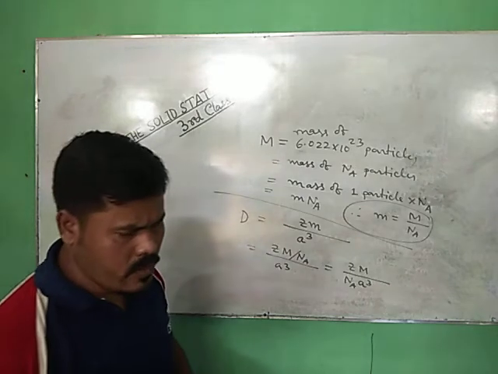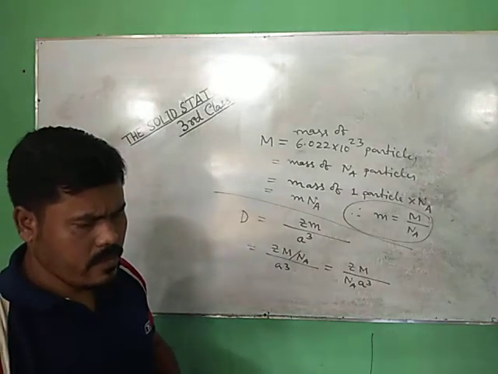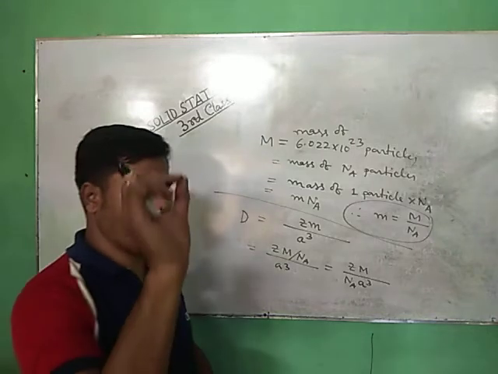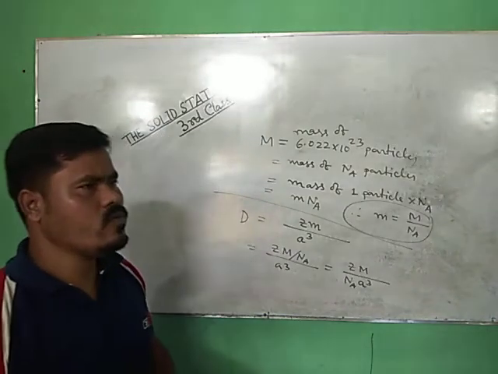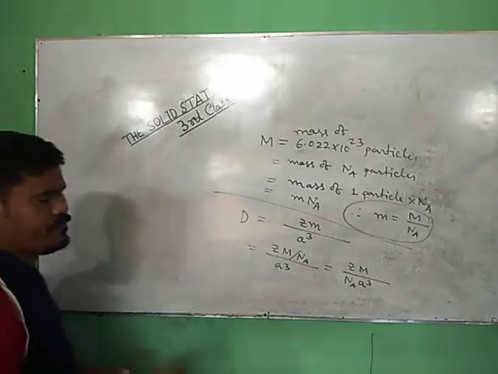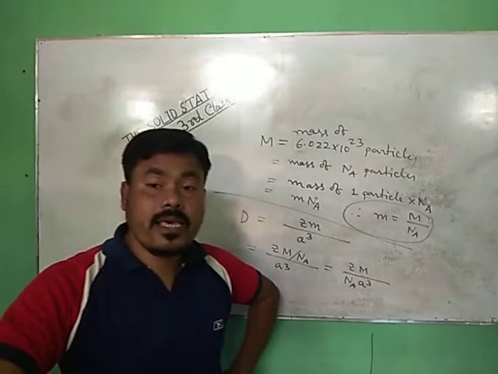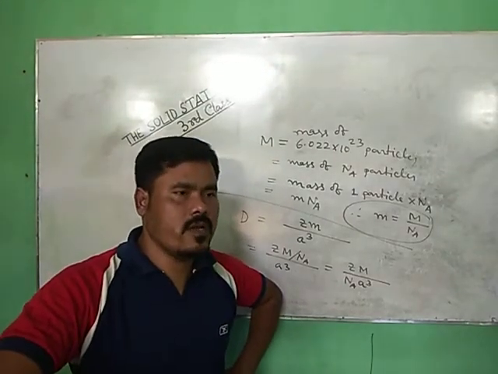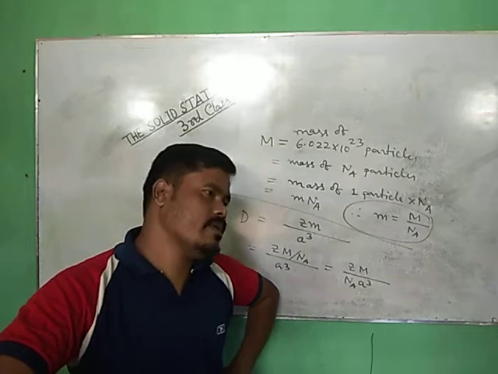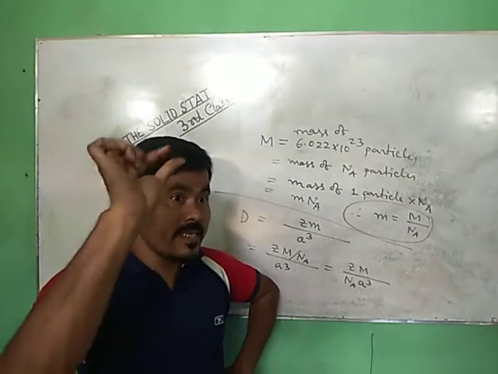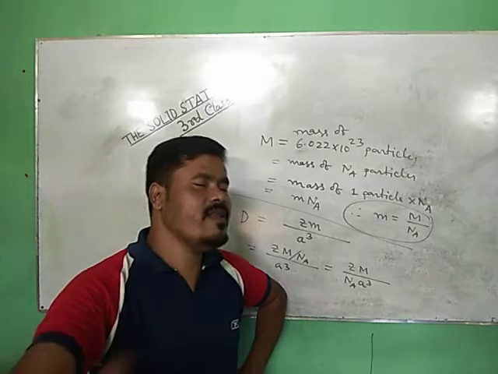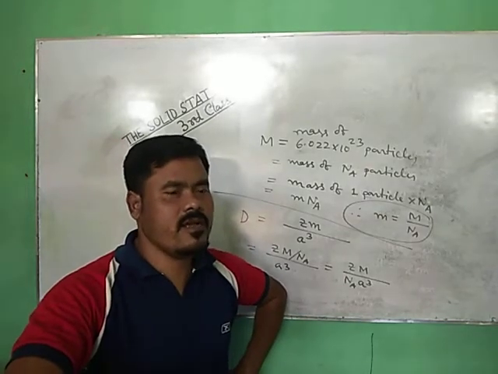What is happening in this class? I am just mentioning two points. Number one is packing efficiency or packing fraction. Packing efficiency is defined as the percentage of total space filled by the particles. Why is it required?